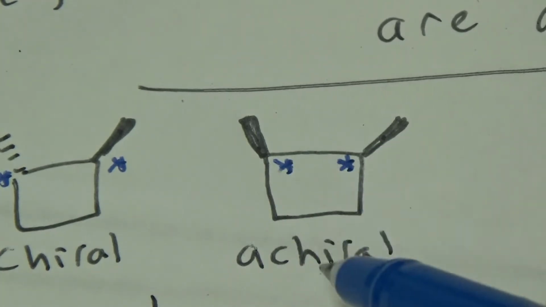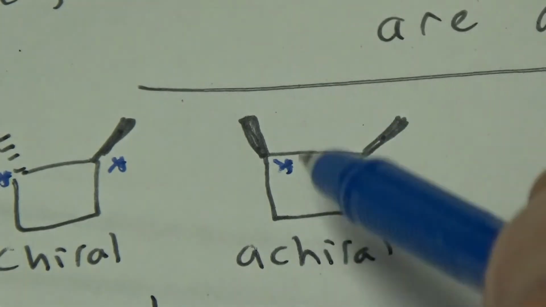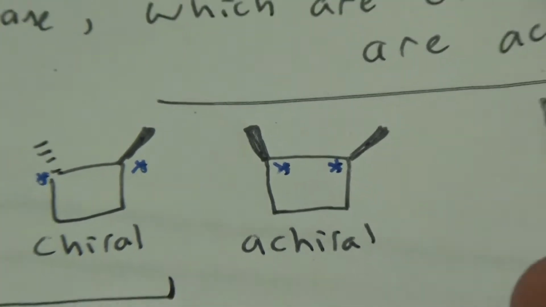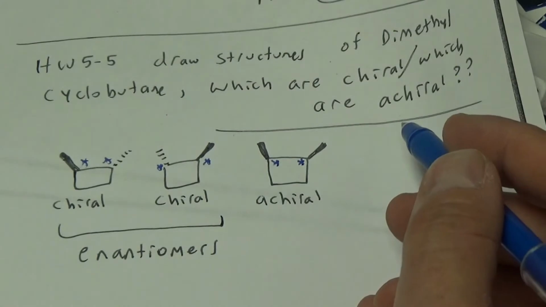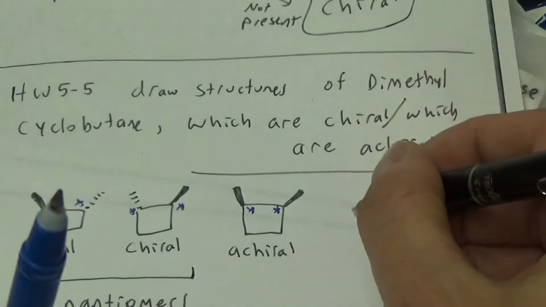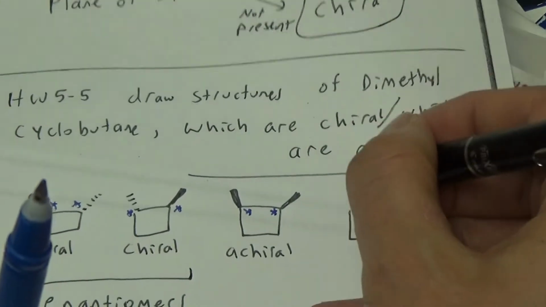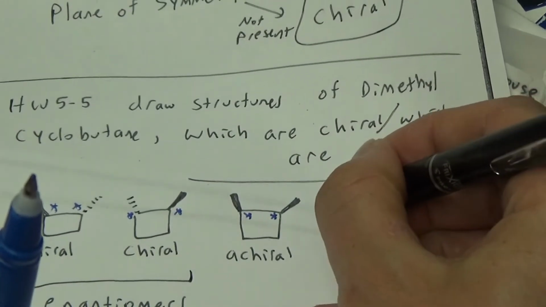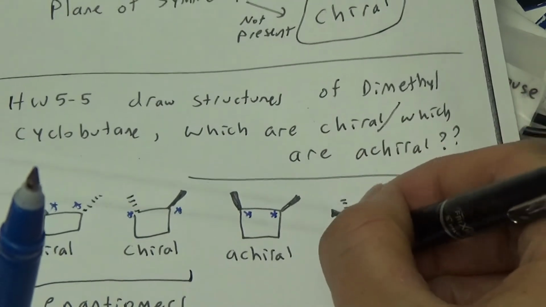But the net molecule is achiral, and that's because the left mirrors the right. You have a plane of symmetry. Achiral, okay? What about another one? Achiral.